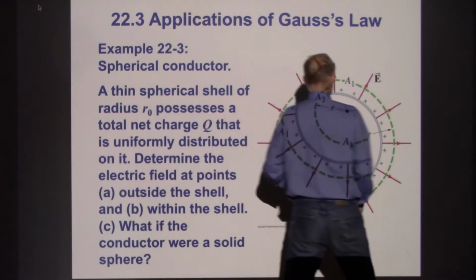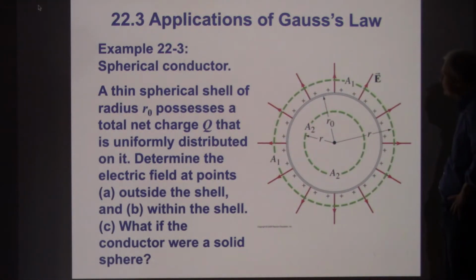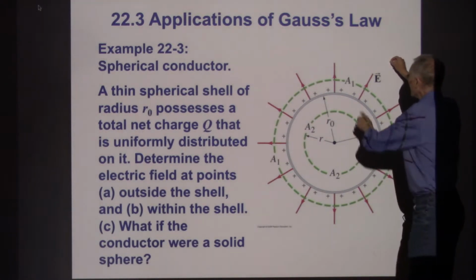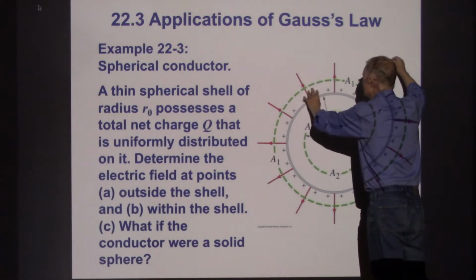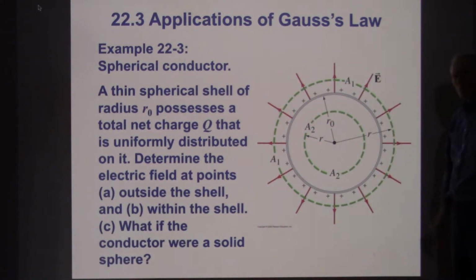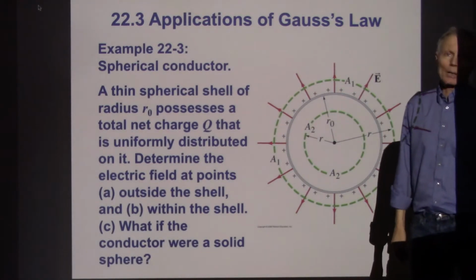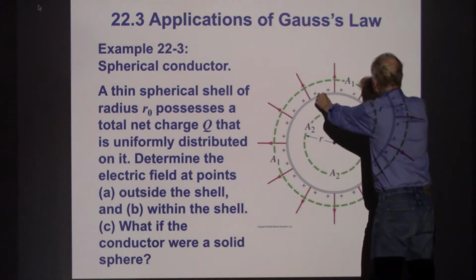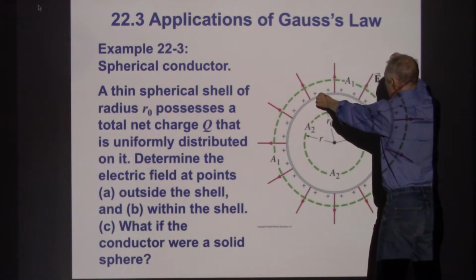Now, if you think back, we don't really have a technique from chapter 1 to solve for this, except if I picked a point right here, I could integrate over this charge distribution. That would be a terrifying integral to carry out, because a little bit of charge here is a certain distance away from this point.